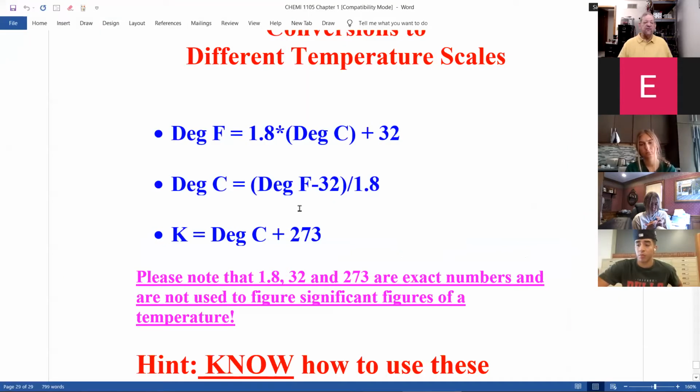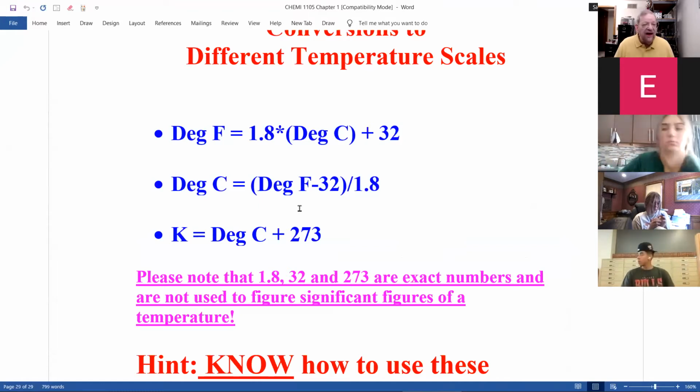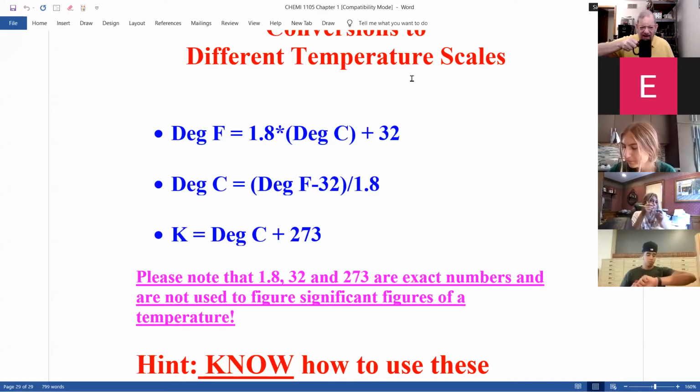All right, last week we went through how to find significant figures and also how to use significant figures in calculations. And now I'd like to come back to different temperature scales to show you how to do that. In the past, I used to make students memorize these, but about 2 years ago, I came to the conclusion, should I test their ability to do chemistry or their memory?